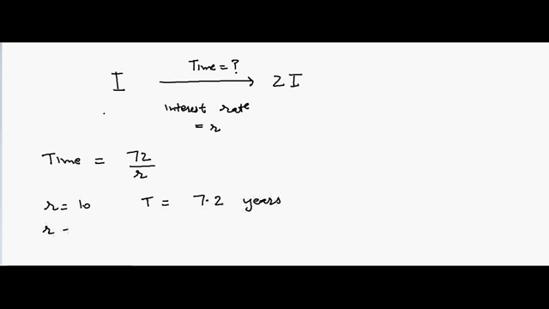If the rate is 20, then time will be equal to 3.6 years.